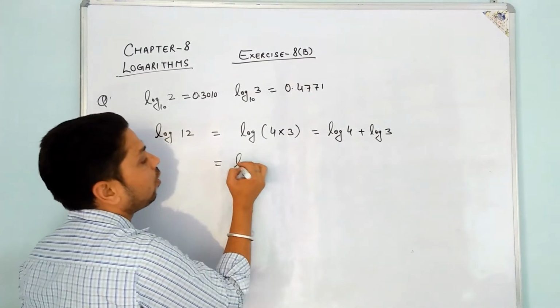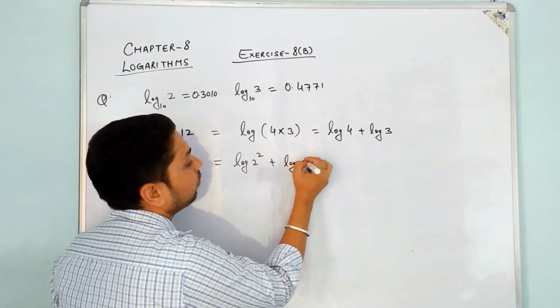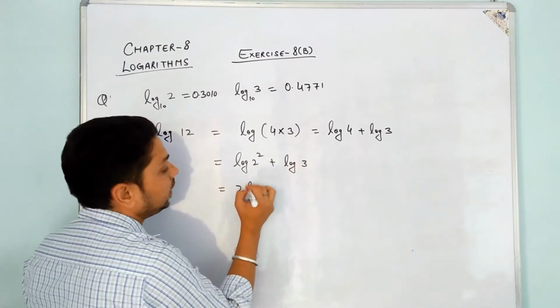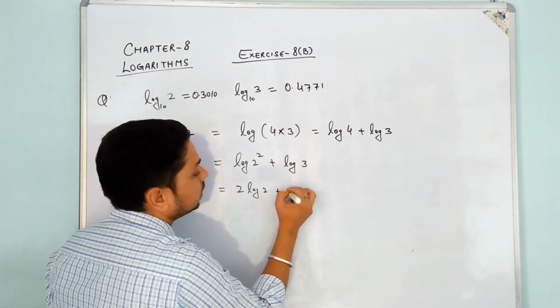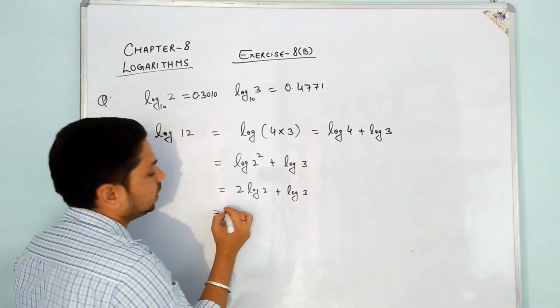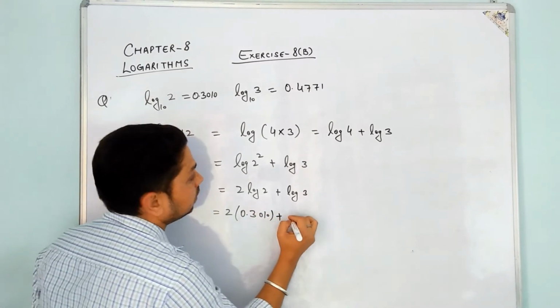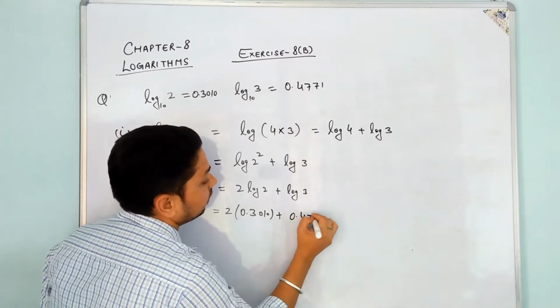Log of 4 can be written as 2 raised to power 2, plus log of 3. This is equal to twice log of 2 plus log of 3. Log of 2 is 0.3010 plus log of 3 is 0.4771.